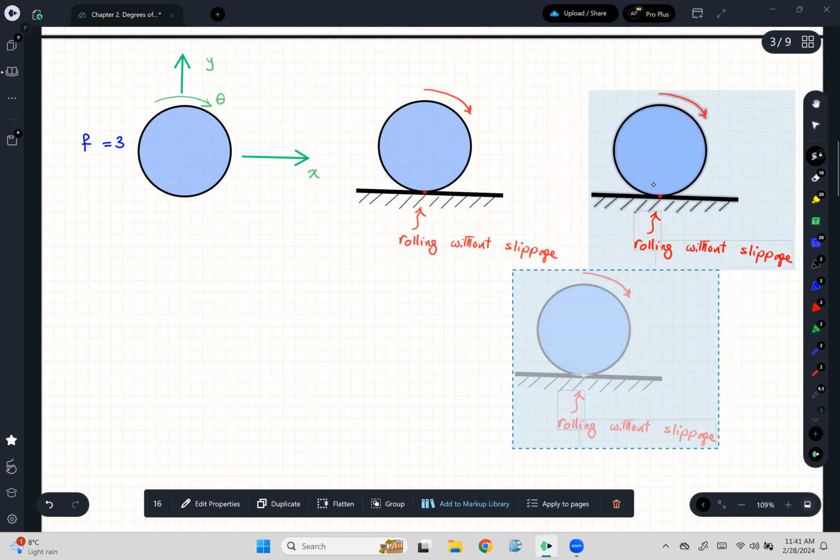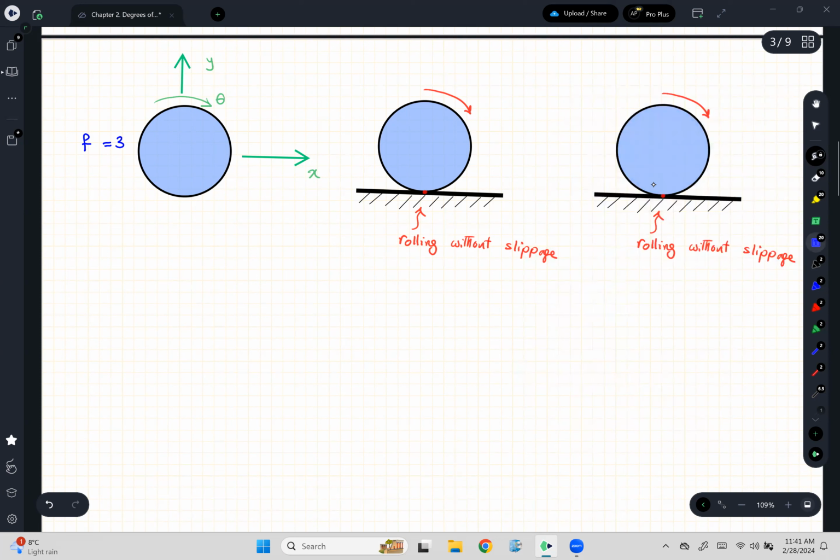All right. So 2 scenarios. One scenario that it rolls without a slip, and the second one, it rolls with a slippage. Okay, what's the difference between these two?